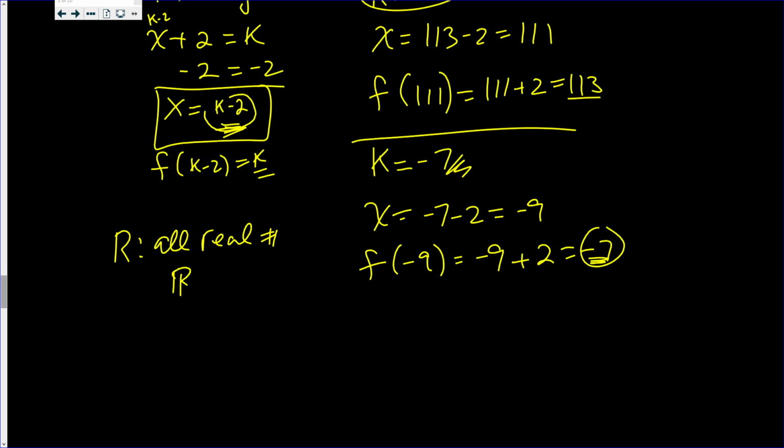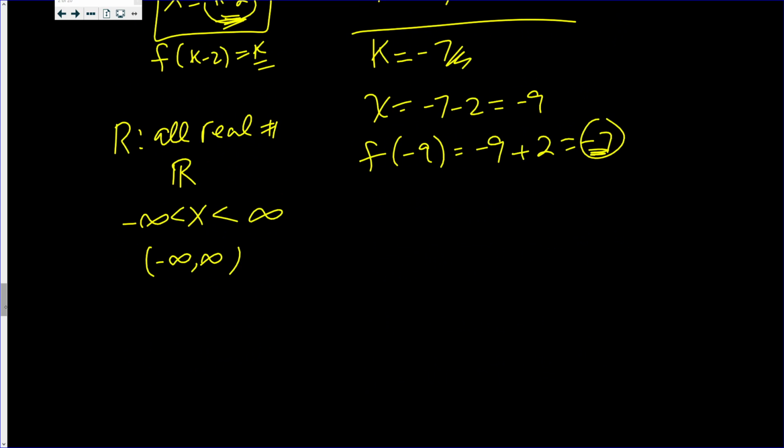Maybe you can use this symbol for real numbers. Maybe you have to use this type of notation. Y is between negative infinity and infinity. Maybe interval notation. Negative infinity to infinity. Maybe number line notation.